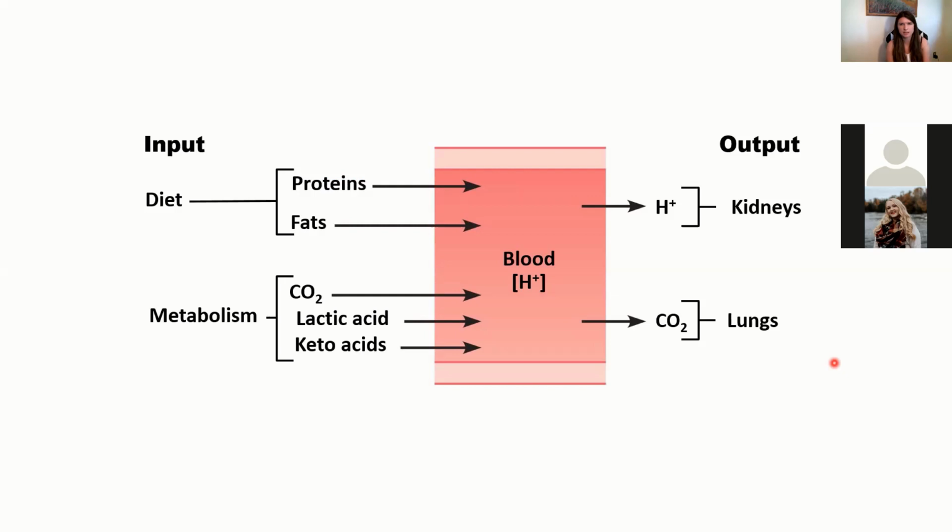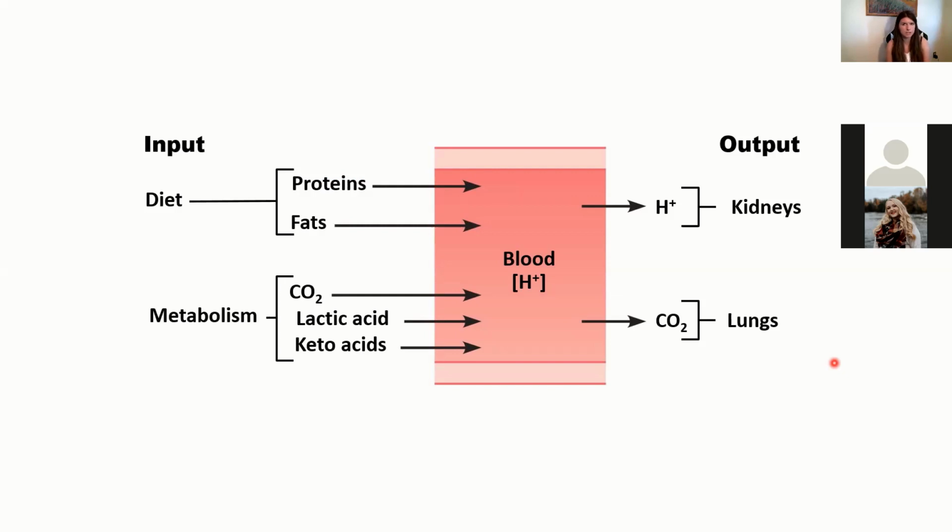It's a little more complicated exactly what the acid is there, but the breakdown of proteins also increases acidity in your blood. There are also metabolic factors that are going to increase the concentration of hydrogen ions in the blood.